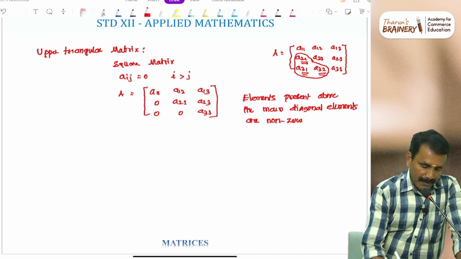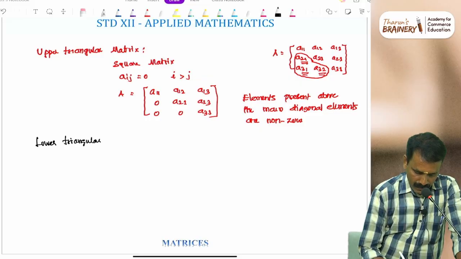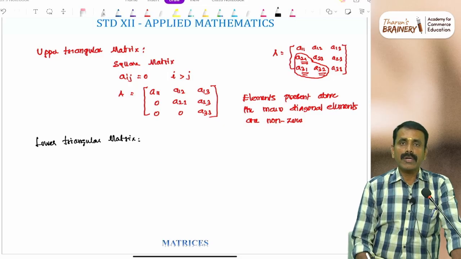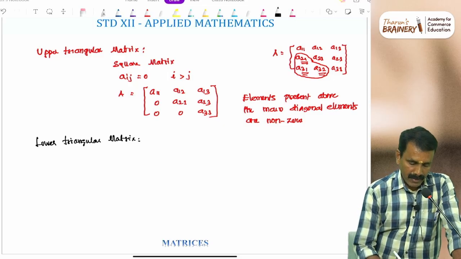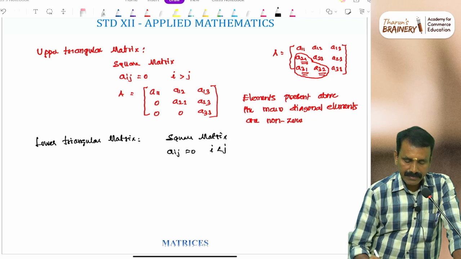If we have upper triangular, naturally we are going to consider the lower triangular matrix. What is a lower triangular matrix? It should be a square matrix in which Aij is equal to 0 when i is less than j.